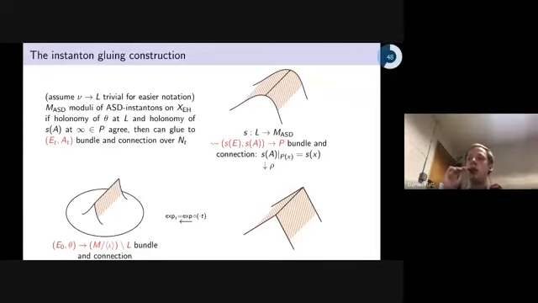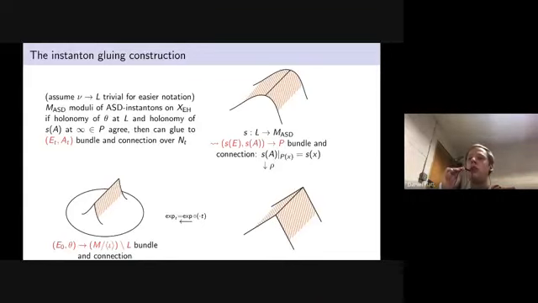Now you have this theta, you have this S of A. You cannot always glue them together. There's some topological compatibility condition that they must satisfy. Here's the compatibility condition: you want the holonomy of theta around L and the holonomy of S of A around infinity to agree. Here I mean the following.